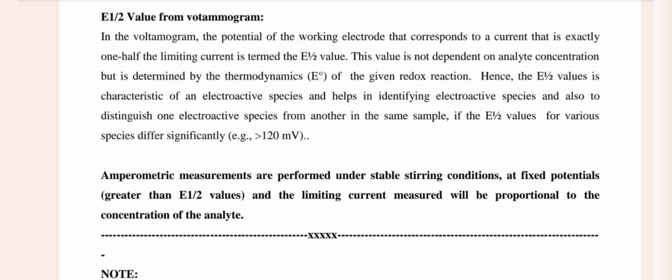So the limiting current is directly proportional to the concentration of the analyte when we fix the applied potential greater than the E half potential and the amperometric measurements are performed under stable stirring conditions. This you also need to know.